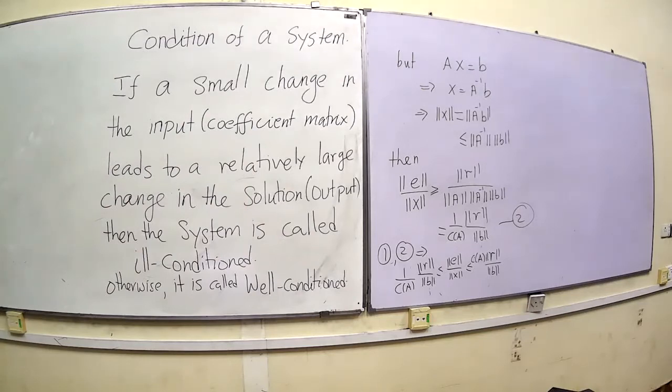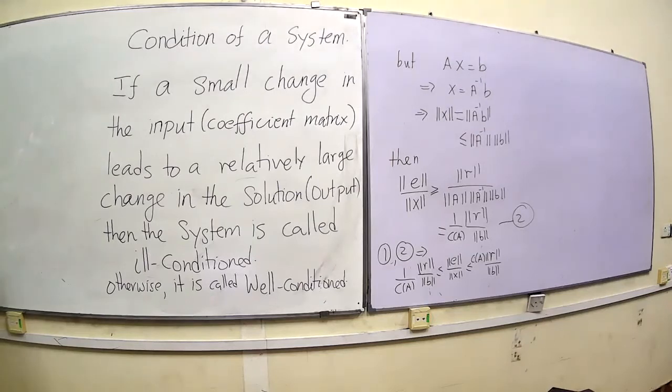Okay, so if a small change in the input leads to a big change in the solution, then we say that the system is ill conditioned, right? If it leads to a very small change in the solution as well, then we call the system well conditioned, right?